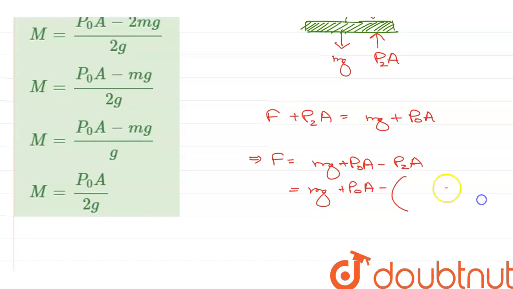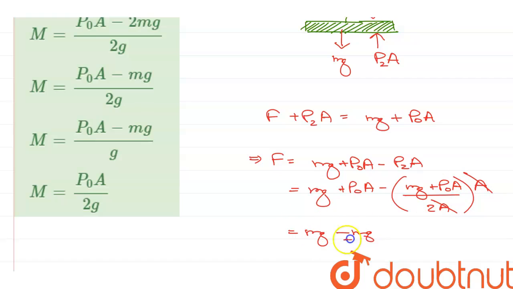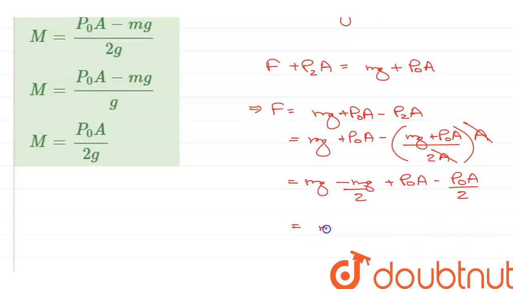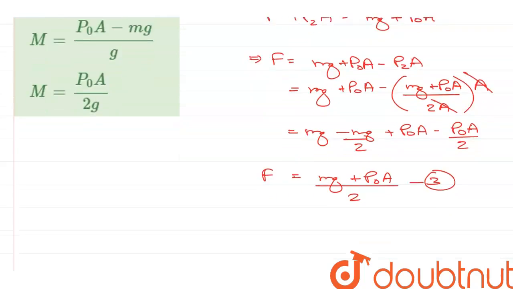P2 is (mg plus P naught A) by 2A, times A. A and A get cancelled, so I get mg minus mg by 2 plus P naught A minus P naught A by 2, which is equal to mg plus P naught A by 2. So this is the force. Mark it as equation number 3.